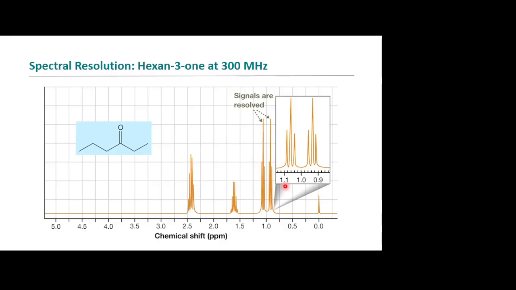But when you use a more powerful magnet, your frequencies for these splits are going to increase. And so you're going to get larger frequency differences between these different peaks, and so you can shift things that are very close together further apart, so you can more easily differentiate them. It works a little different than, I know I like using camera examples because you all have cameras and use them.